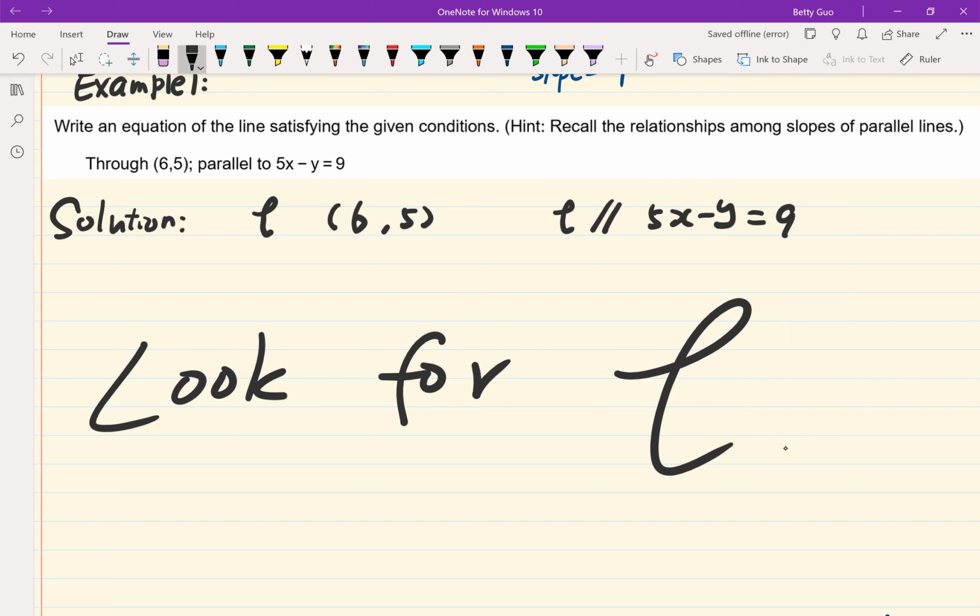We are looking for straight line L. The line satisfies the given two conditions. Passes through (6, 5), parallel to 5x minus y equals 9. So we are looking for the equation for L. What do you think? Which form is more convenient for us? Which form should we look for? Should we find the equation in standard form or slope-intercept form or point slope form?